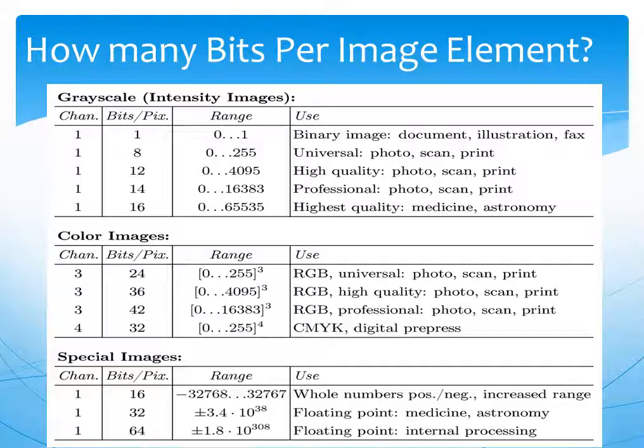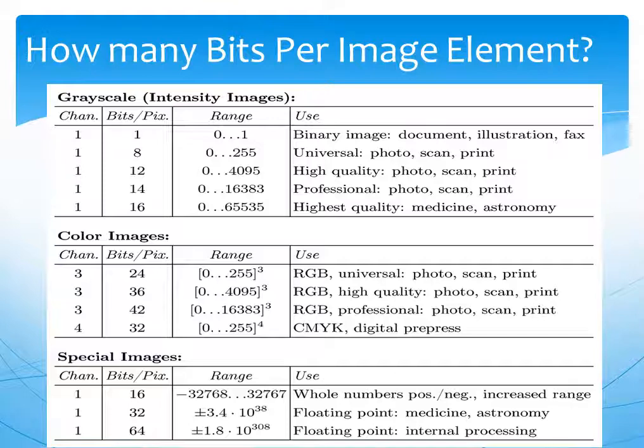The next one is the high quality grayscale image. That is also used for high quality photos, high quality scanned documents, and high quality printouts. It requires 12 bits per pixel, and the range is 0 to 4095. If you require even higher quality, that is known as professional, and the photo, scan and print documents will be of much higher quality for professionals.